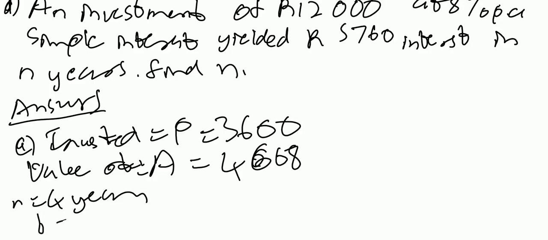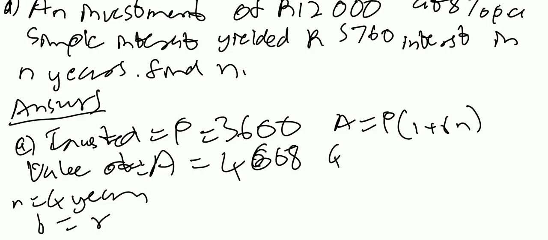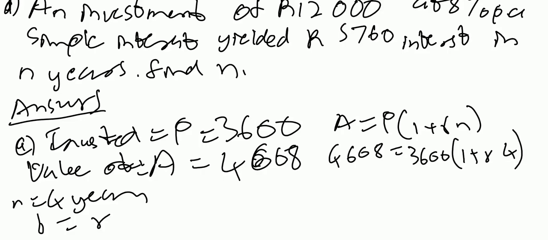Then we are looking for our I, which is R. So simple interest: A is equal to P into 1 plus IN. Your A is 4,608. Your P is 3,600. 1 plus your I, which is R. Then your N is 4.